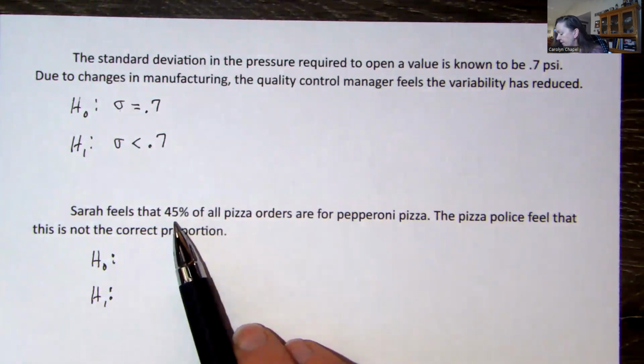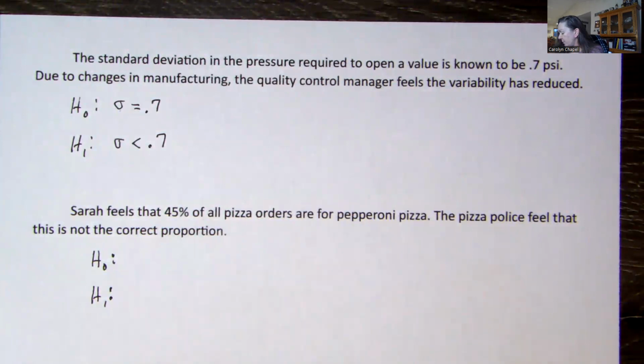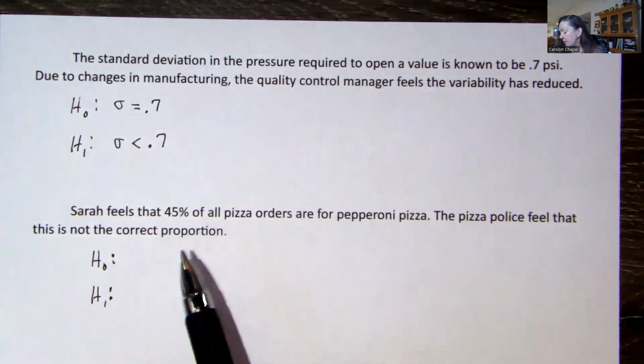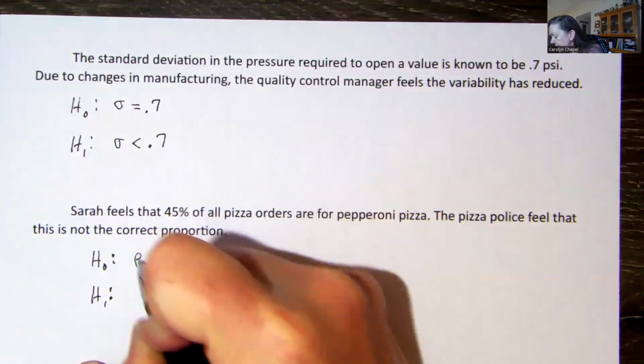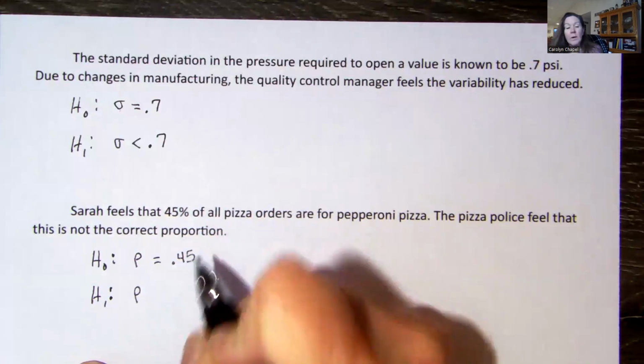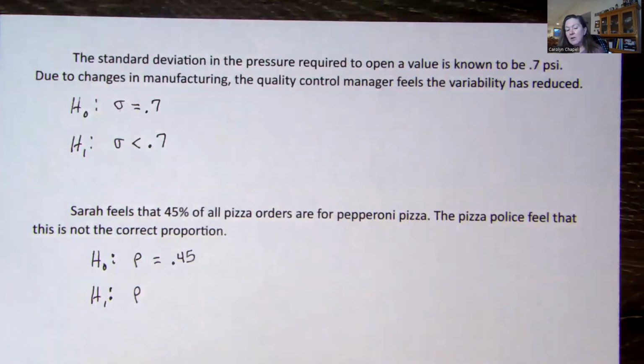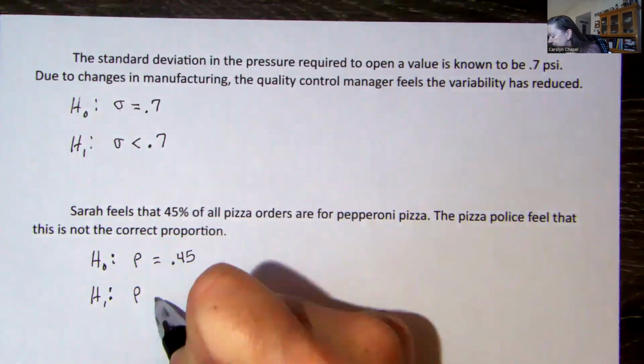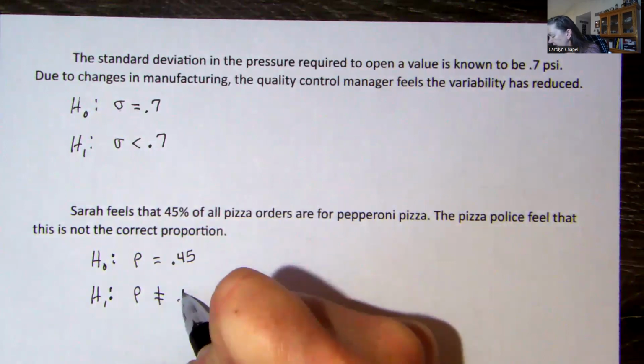But we're looking at 45% of all pizza orders being for pepperoni pizza. The pizza police feel that that is not the correct proportion. All right, we are talking about the proportion. So that's our p. And we're thinking it's 45% or 0.45. Not the correct, well, that would be not this. So not equal to 0.45.